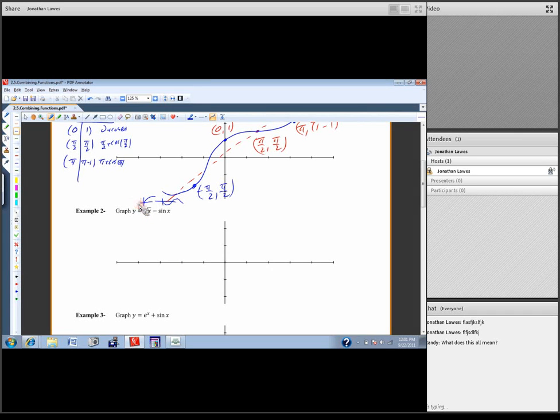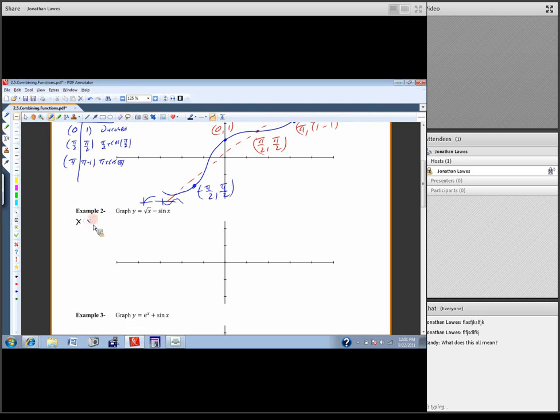We can't plug a negative in there, so we wouldn't worry about any negative x coordinates for the sine function. So we've got this square root function here, and we're going to add a wave to it. So you might guess we get a wavy square root function. Okay, and that is what we're going to get, but let's pick a couple of points to graph here.